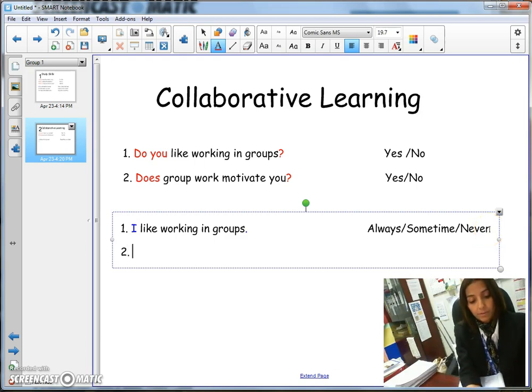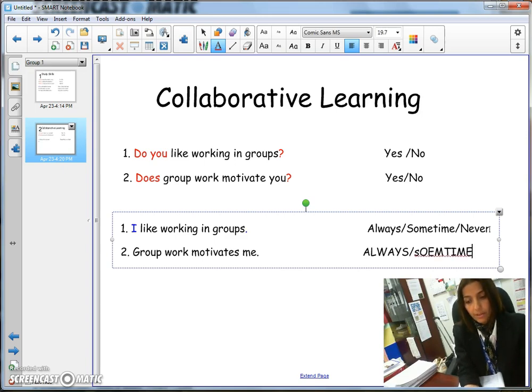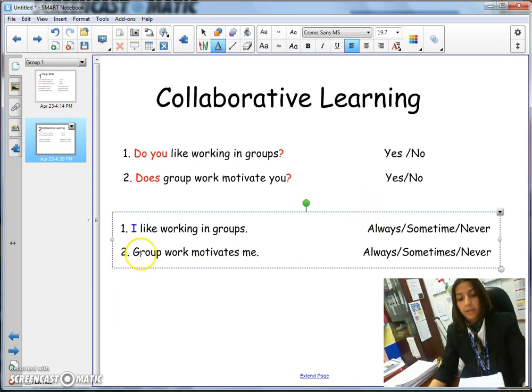You can just say, group work motivates me. How often does it motivate me? So you're going to write always, sometimes, or never. Right? So there is no question here. So therefore, this item is good for a 3-point scale.